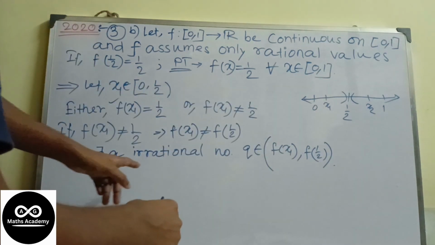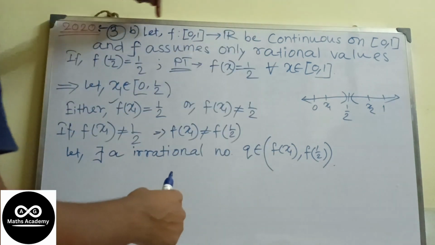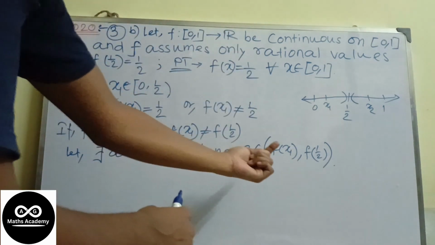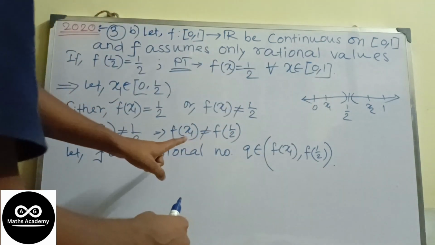Now q belongs to this interval, and f is continuous, and the endpoints are unequal.